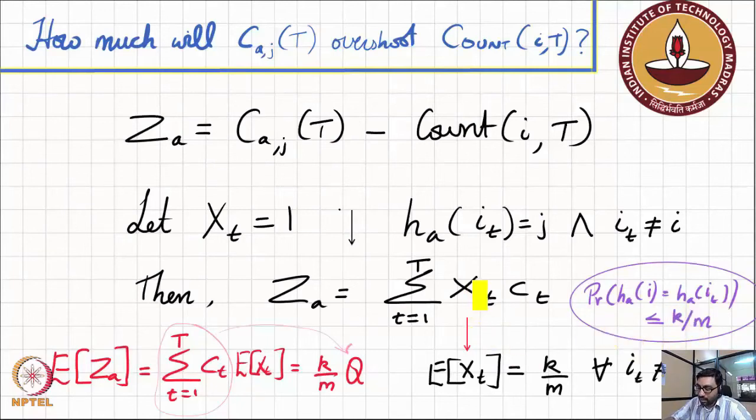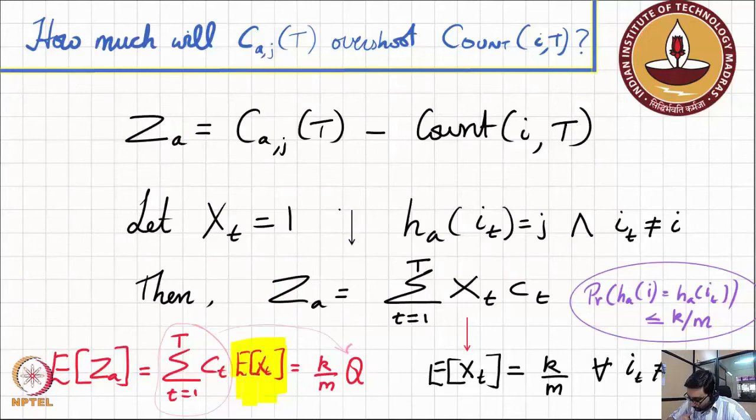This means that the probability with which a particular other item will hash to the same location is at most k over m. So this indicator variable will have the expected value k over m, which means that now we can get a bound on the expectation of ZA. If we plug in the values, we can use the linearity of expectation to say that the expectation of ZA is equal to the sum from t equal to 1 to t of count of t times the expectation of xt.